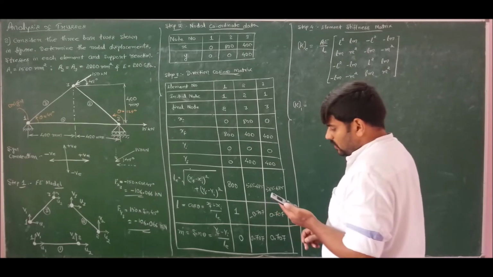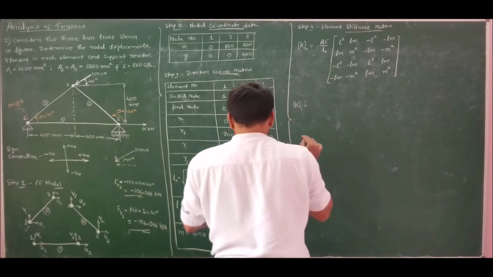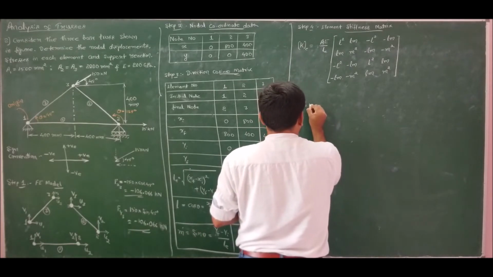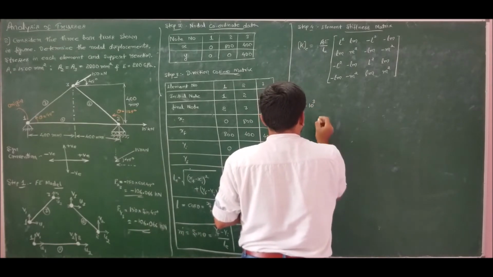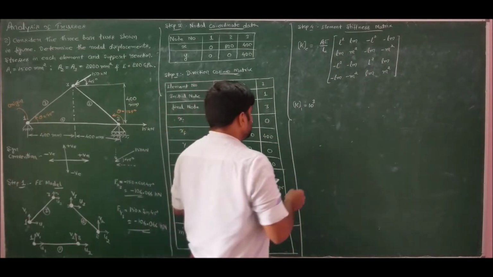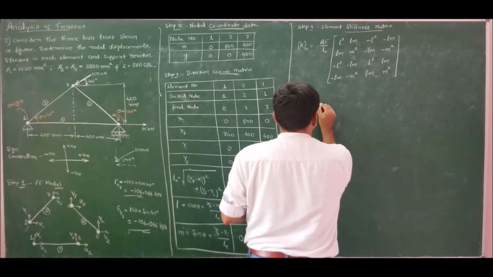This turns out to be 10 power 3 times 375. So I can take 10 power 3 common, and I have 375 with me.